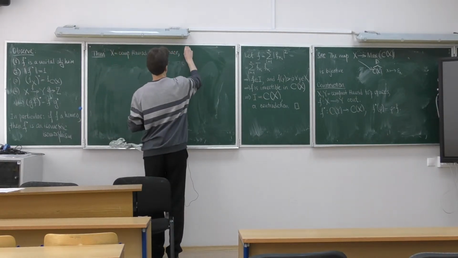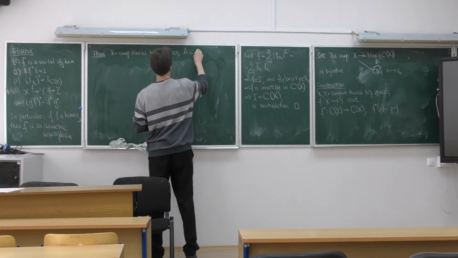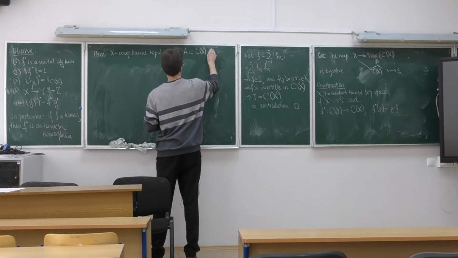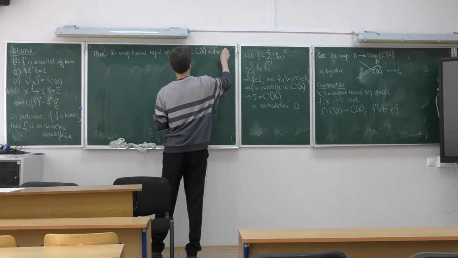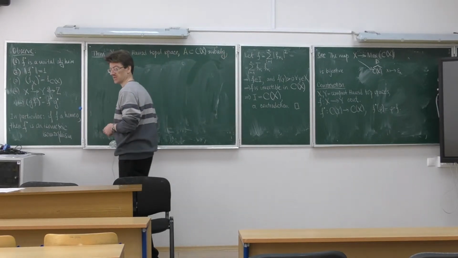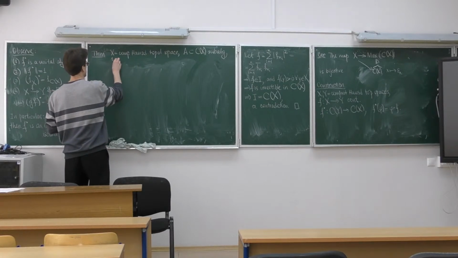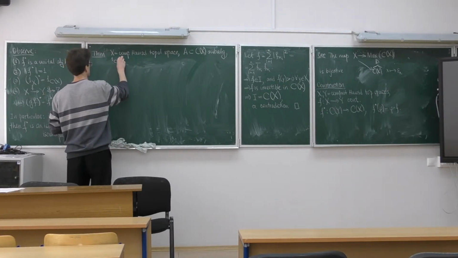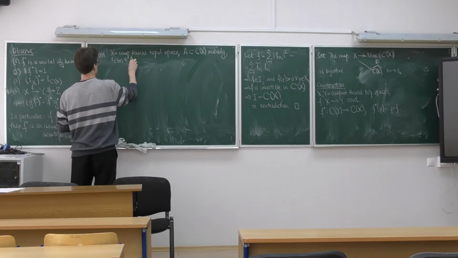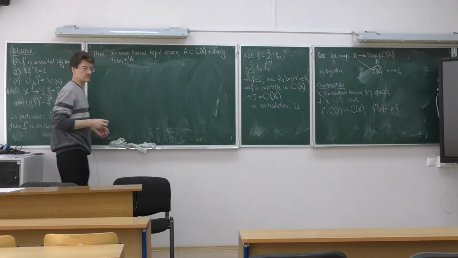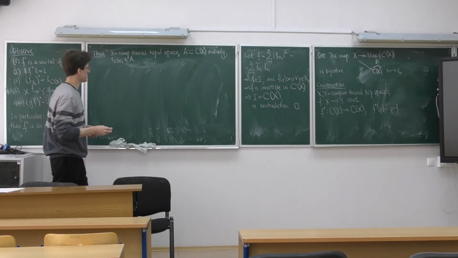And suppose that A is a subalgebra in C of X, which contains the function which is identically 1. The function which is identically 1 belongs to A. And suppose that A satisfies the following conditions.